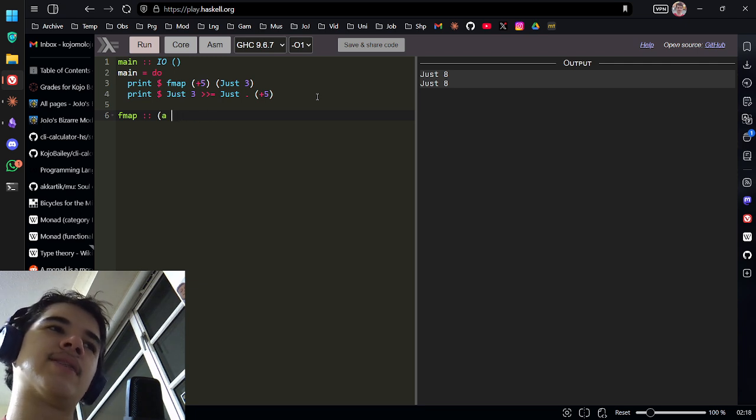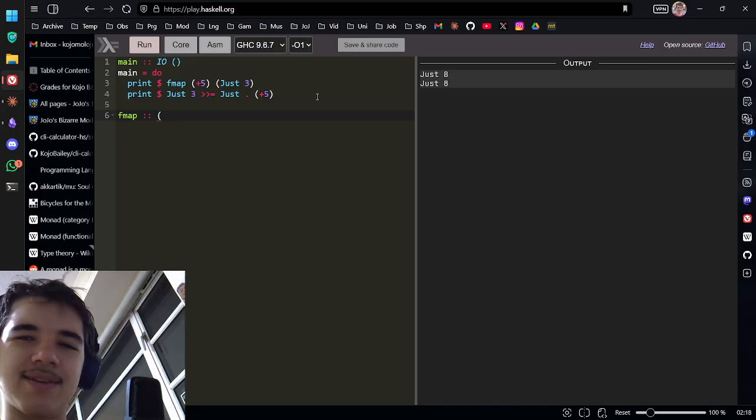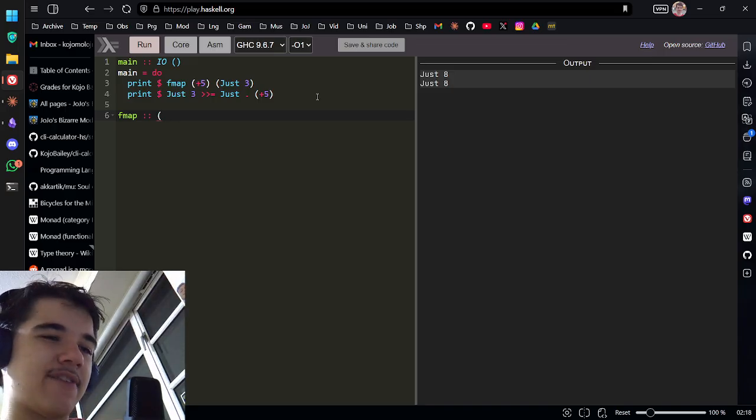No, it takes a function a of b. How do I do this? We could Haskell, bro. Take an object a of b, and then extract it. What? This can't be right.